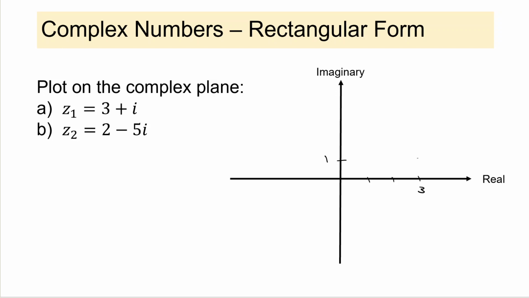So right here is my complex number z1. What about z2? Well, a is 2, so that's my real part. And my b is -5. So z2 is going to be represented by that dot right there, z2.